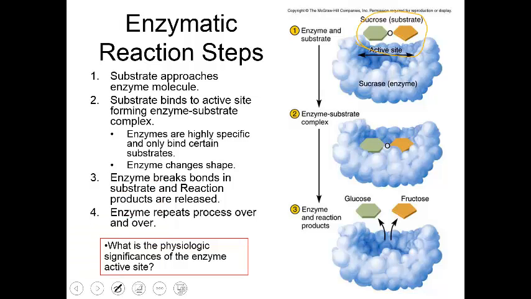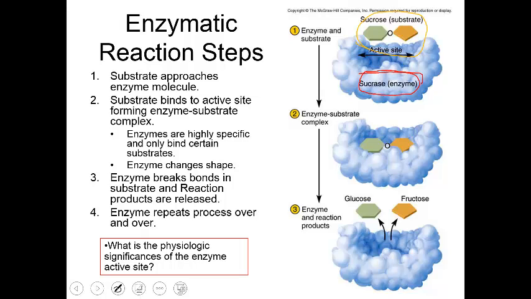Okay. So this is sucrose. It is a disaccharide. Now in order for sucrose to be broken down into glucose and fructose, you have to have an enzyme or a catalyst. And that catalyst is the enzyme sucrase. So this blue blob-like thing right here is the sucrase enzyme, or the sucrase molecule.